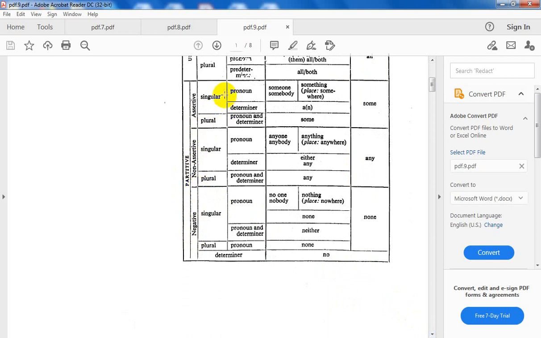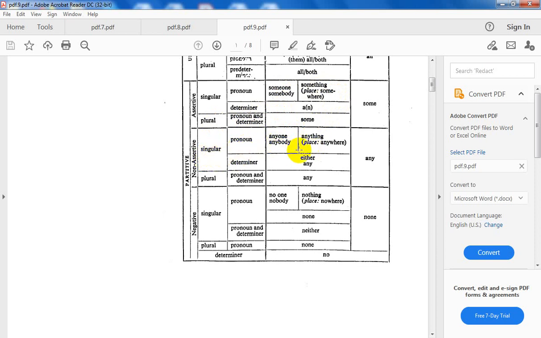The assertive singular, it is a pronoun. It is someone or somebody, something, or as a place, somewhere. Determiner, it is only a or an. Here I have plural pronoun and determiner. I have some. Singular pronoun I have anyone, anybody.